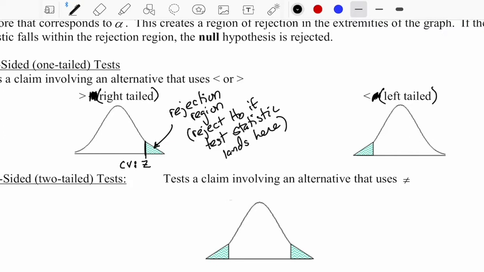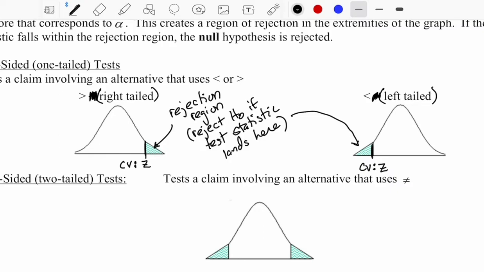So when we compute our test statistic, if the test statistic falls in this region here, we would reject the null hypothesis. That's for a right-tailed test. Right-tailed tests correspond with the alternative hypothesis that uses a greater than symbol. So if there's a greater than symbol in your alternative hypothesis, that corresponds to a right-tailed test. If there's a less than symbol, that corresponds to a left-tailed test. Same setup, you would still determine a cutoff or a critical value.